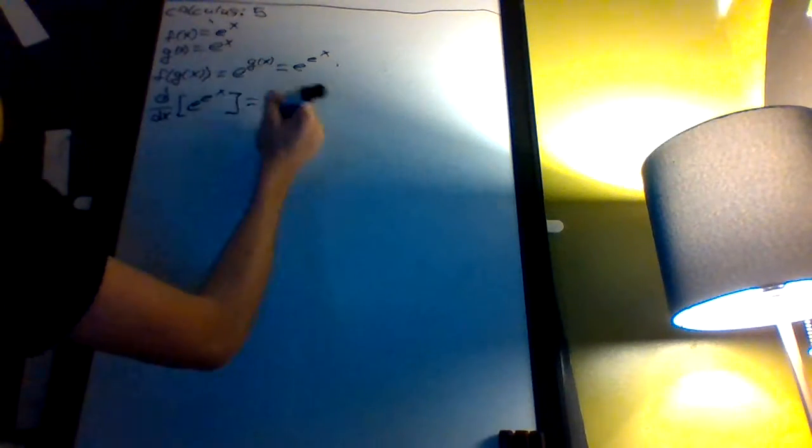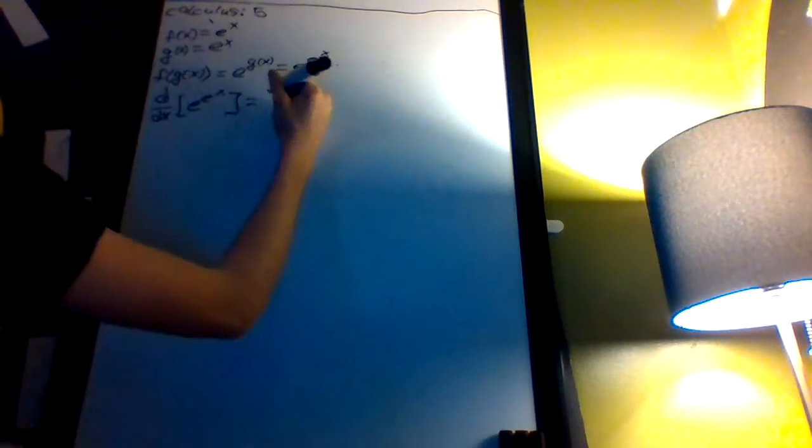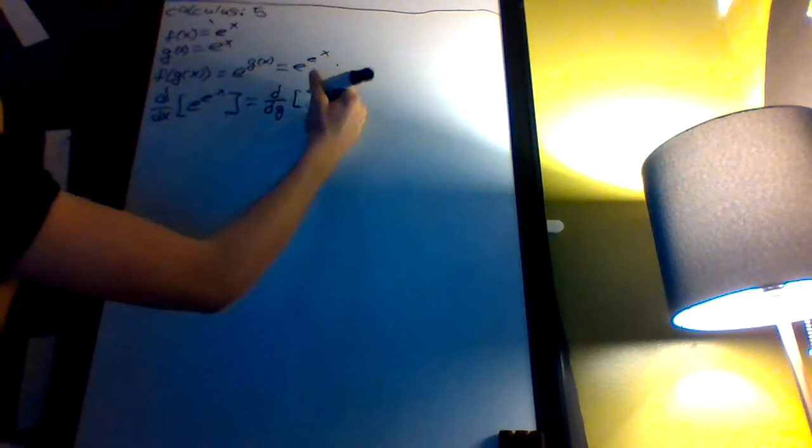Now taking the derivative of this, of e to the e to the x, you can see what our two functions are. So it's going to be the derivative in respect to g of e to the g, right?